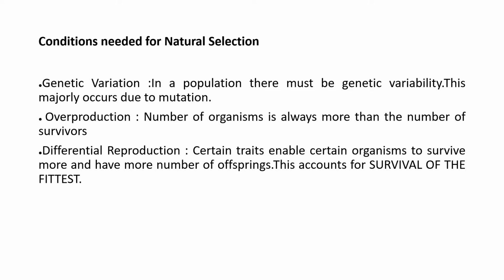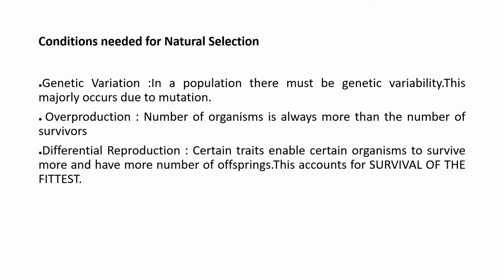Next is overproduction. Now, the number of organisms is always more than the number of survivors. There are many smaller organisms, and most of the time you observe that the smaller the organism, the more is the number of eggs that it lays. Now why is it so?